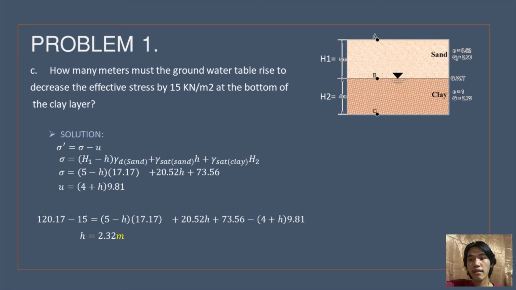Substituting the decrease in effective stress, 120.17 minus 15 is equal to the total stress minus the pore water pressure. By using our calculator, we get the value of 2.32 meters.